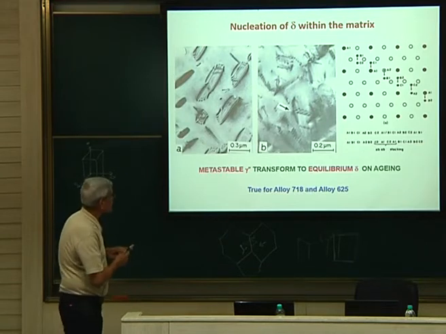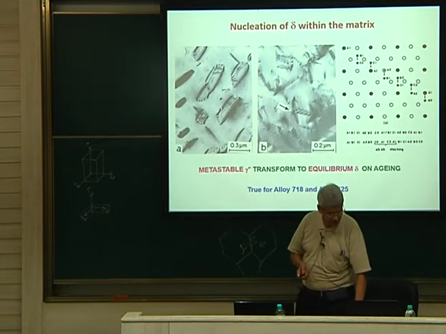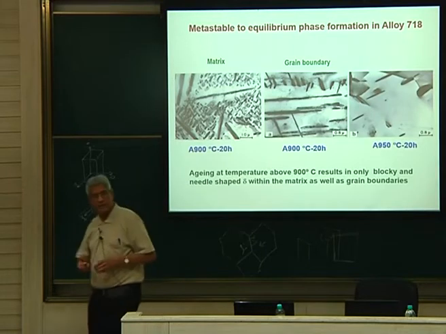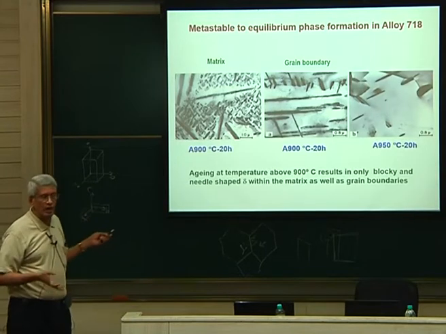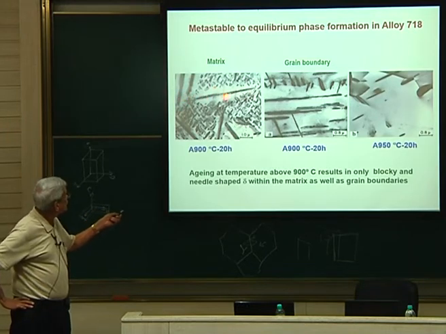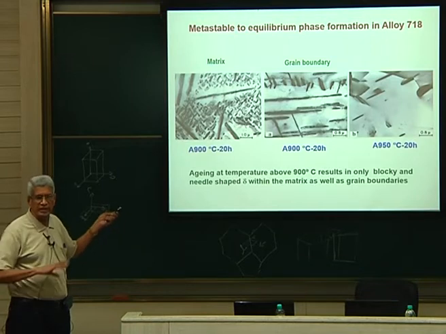So these faults are the ones which form when we age at high temperature or for a prolonged period of time. This equilibrium phase forms, consuming the other metastable phases.